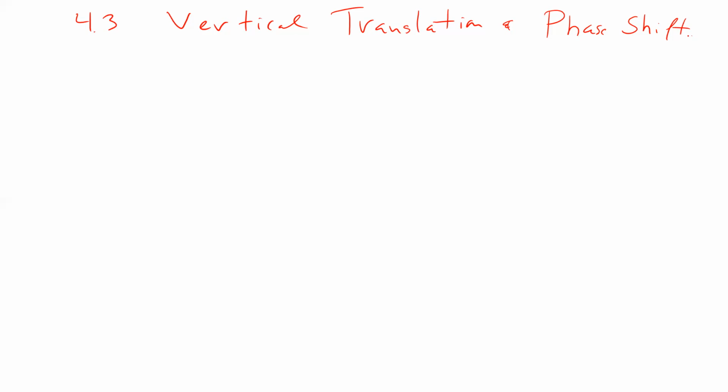So vertical translations, maybe let's do this here first. I'm going to give you the big equation to this stuff. So I could either write it as y, because it's just a graph, or I could say it's f of x, because it's a function. Either one of those are just the same, okay? But here's what we're going to do. We're going to put a over here. This is the way the book does it.